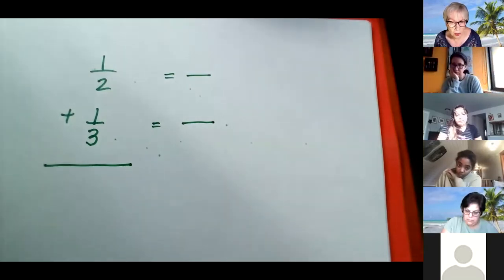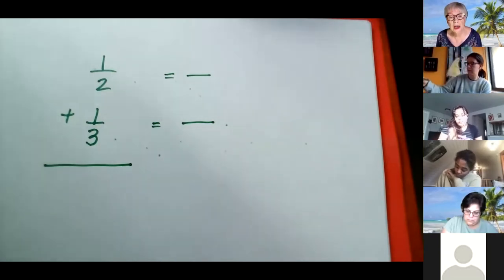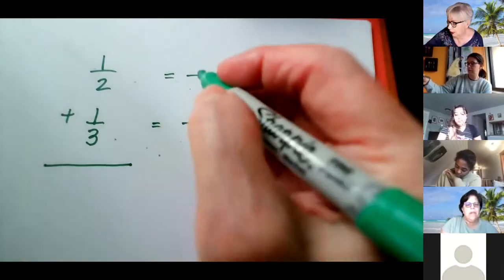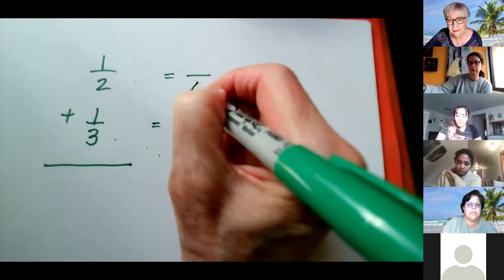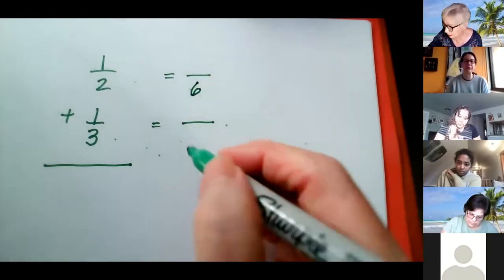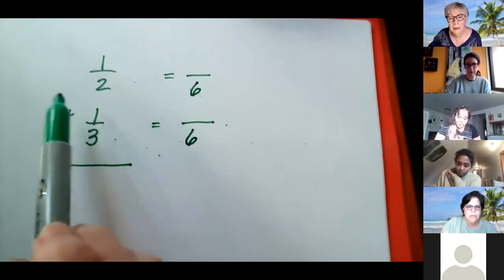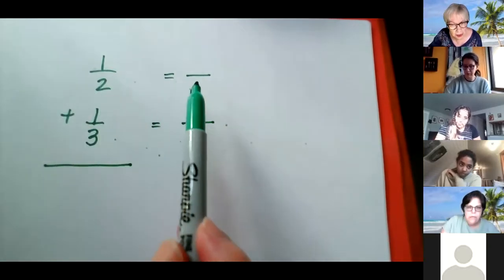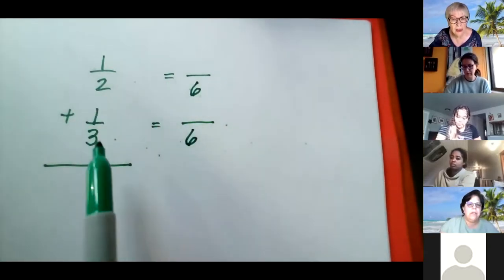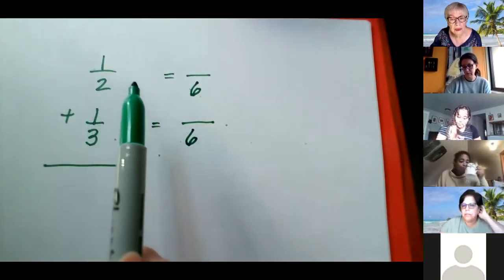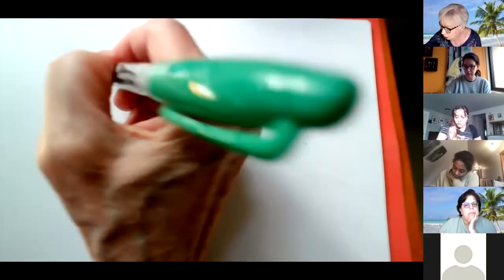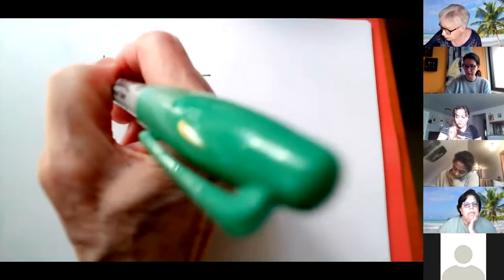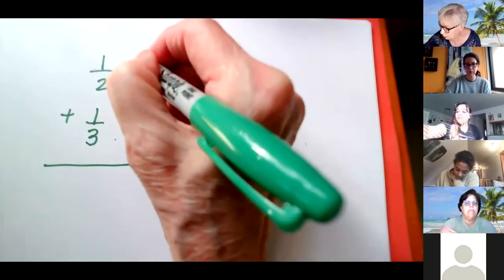I started with a fairly small example. The numbers were small, and from your past experience, you might know the common denominator, anybody? 6. The reason is both of these can be converted into 6. 2 can be converted into 6 by multiplying by 3. When you multiply this number by 3, you multiply this number by 3.